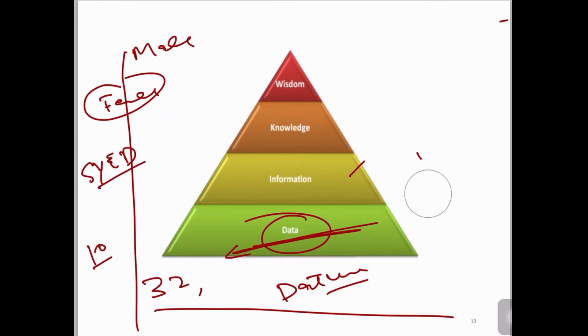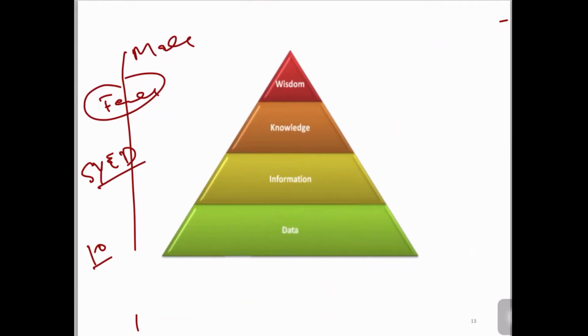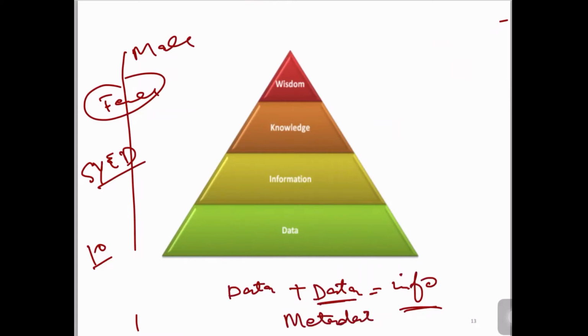When we combine data with other data, data plus data, it gives us some meaning that we call information, right? In other words, this is what we call metadata. Data plus data conveys some meaning.